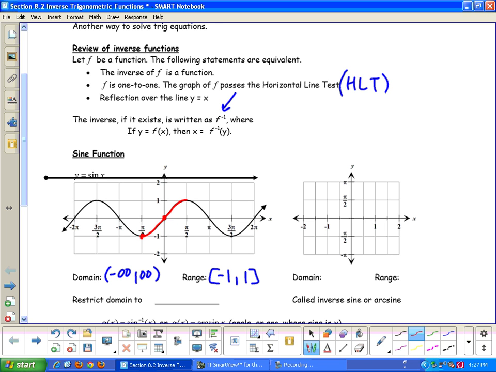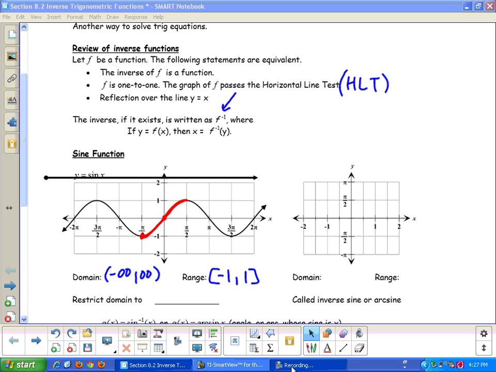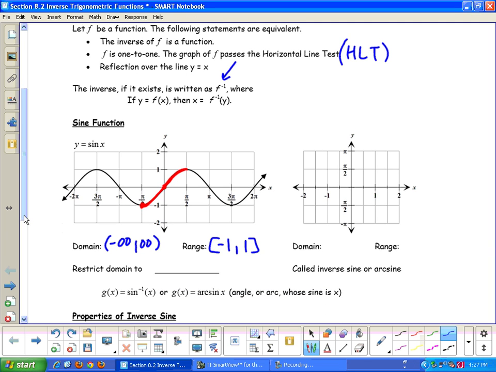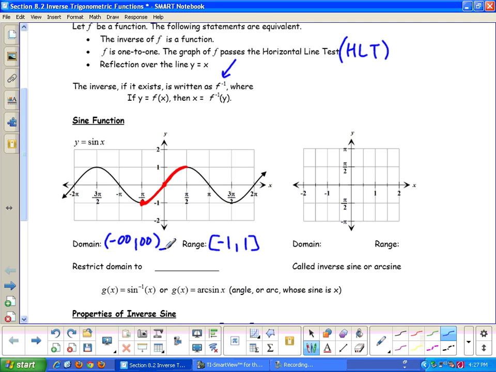I would take a highlighter and highlight this part of the graph. Now my graph passes the horizontal line test, so it has a one-to-one correspondence and my inverse would be a function. So we're going to purposely restrict our sine graph domain to the interval from negative pi over 2 to pi over 2. We're restricting it from here to here.